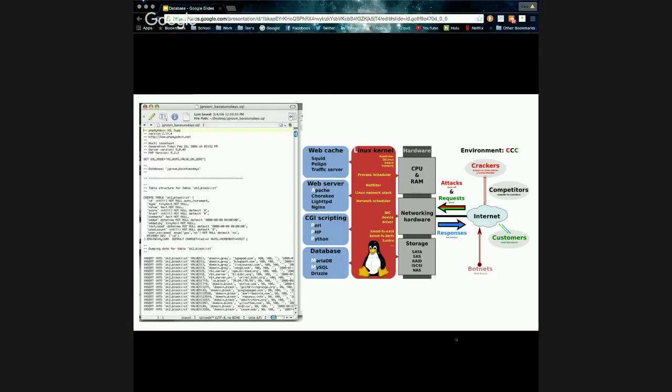And then on the right side, I apologize, this graph kind of shows you what the environment looks like. It shows you the cloud and how people access the database. So you see the internet in the cloud here. You see the customers, you see the competitors, and then you see the arrows facing left requesting the database.